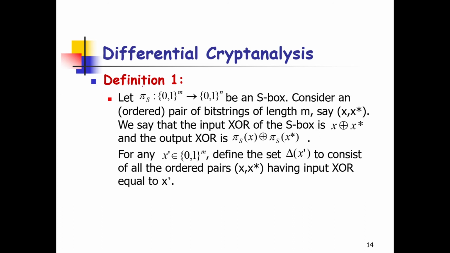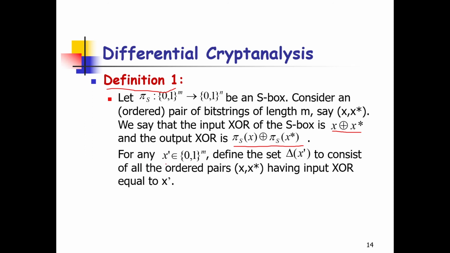Now we go to the formal definition of differential cryptanalysis. Let pi s be this function. Consider an ordered pair of bit strings of length m, say x and x star. We say that the input XOR of the S box is x XOR x star, and the output XOR is pi s x XOR pi s x star.